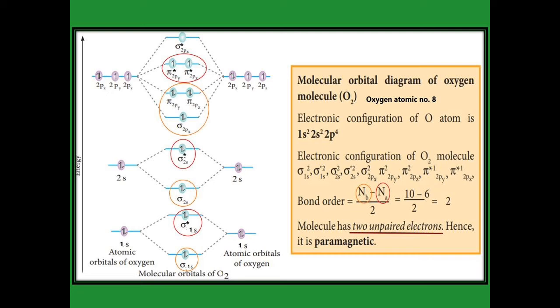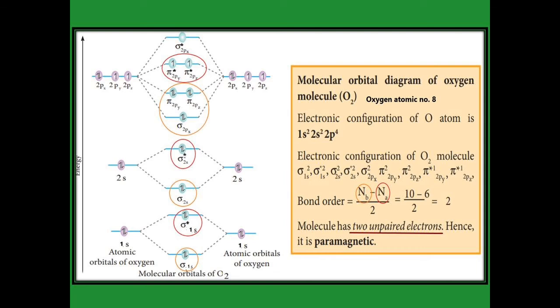The next one, 2s, combines to form sigma 2s and sigma star 2s, and they are also filled with the corresponding electrons. The next one is 2p. How many electrons are in oxygen? 4 electrons. Those 4 electrons are indicated by 2px, 2py and 2pz, where one orbital contains 2 electrons and the other orbitals contain 1 electron.